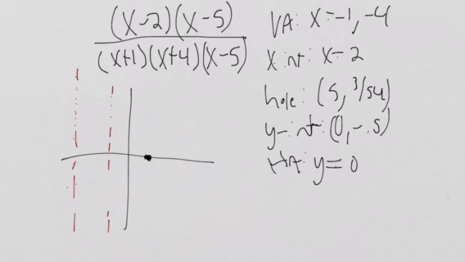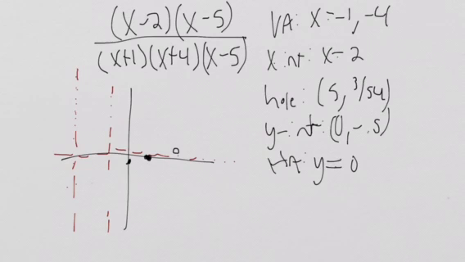I have a hole at (5, 3/54), which means it's further along than the x-intercept, but just a little bit off the axis. I have a y-intercept at (0, -0.5), right there, and an HA at y equals 0, so I know I'm going to approach y equals 0. Okay, so we have the key features copied down.